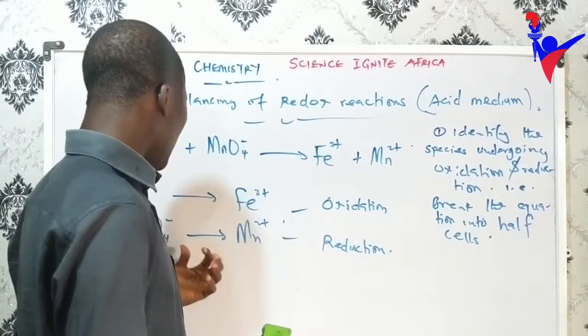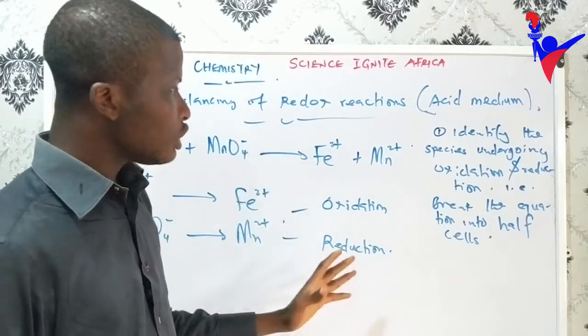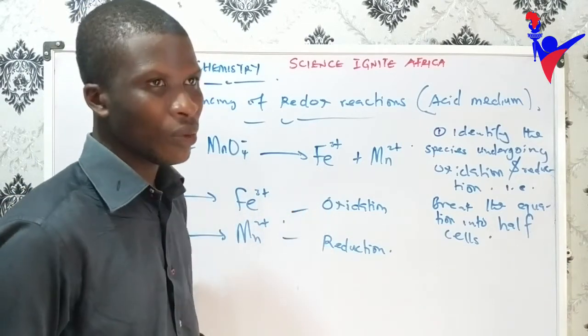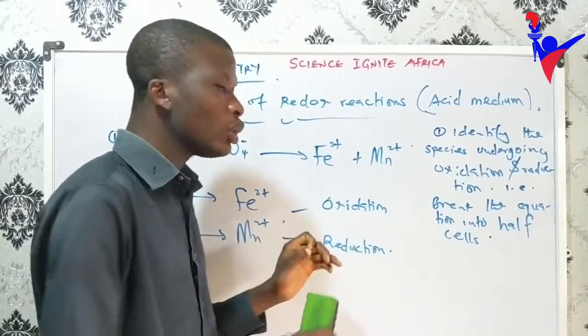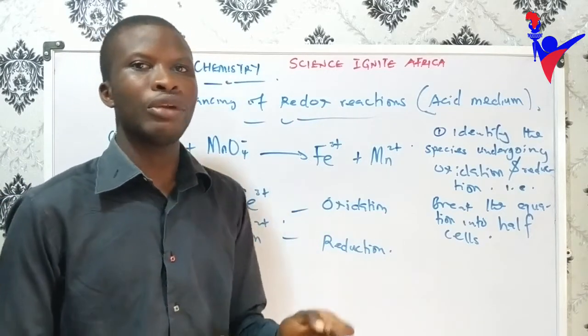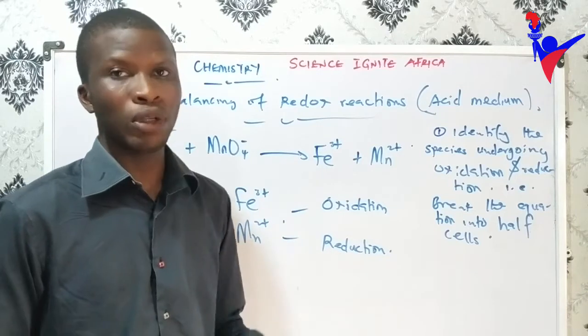Whenever you are balancing atoms, oxygen must be balanced in a certain way and hydrogen in a certain way, and the way you balance them differs relative to the medium in which the reaction is taking place.